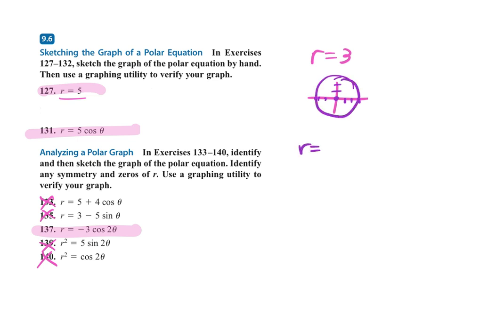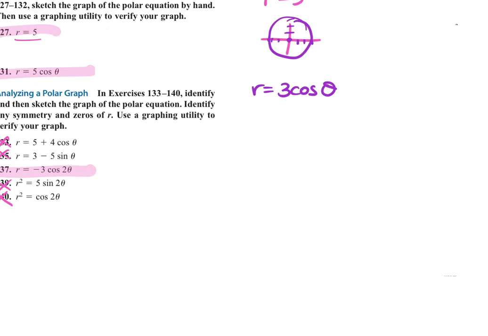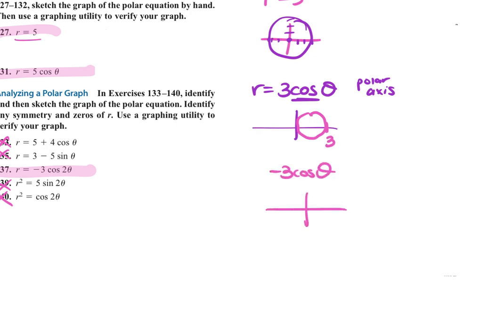If it's r equals 3 cosine theta, do you remember how you tell if it's above, below, right, or left? Cosine is symmetric to the polar axis. A positive A puts it on the right. So I would go out to 3 and I would draw it. If it's -3 cosine theta, I'd go to the left and I'd draw it there.